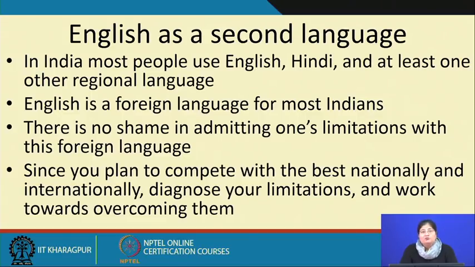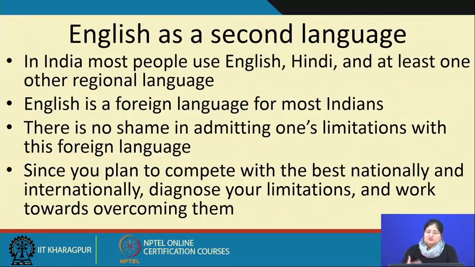And since you plan to compete with the best nationally and internationally, you need to diagnose your limitations and work towards overcoming them. So many people who feel uncomfortable because of the use of English language need to start overcoming this limitation. It's just a tool. It's like saying that you're an engineer, but you have trouble using a screwdriver. It's a tool that we use for our work.